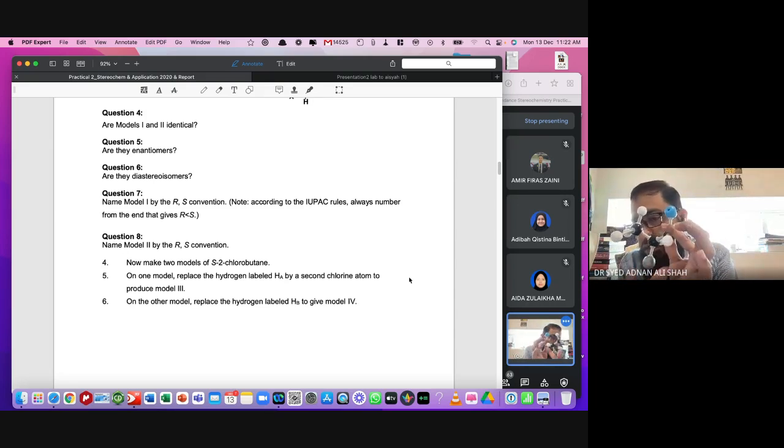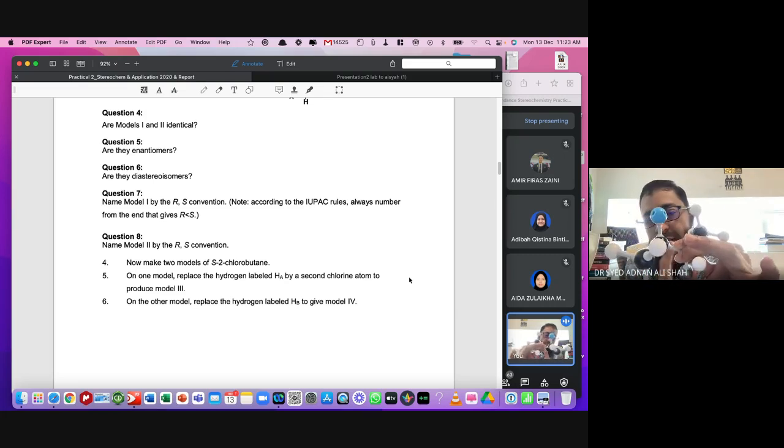At the back means from my side it is at the back, and from your side it is in front. This hydrogen is at the back, and chloride here, then this one is the methyl, and this one is also the bigger group. One, two, and three, like this, counterclockwise. Understand? So this one is S. This one is 2S.